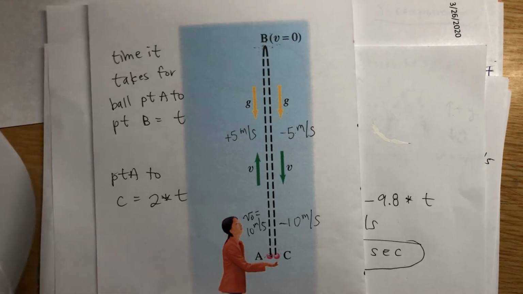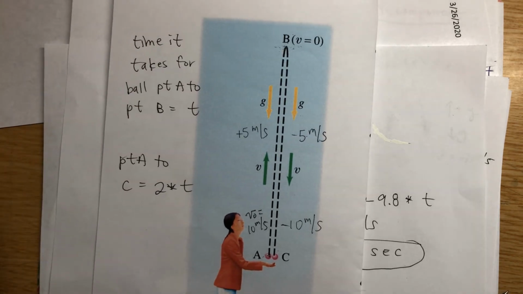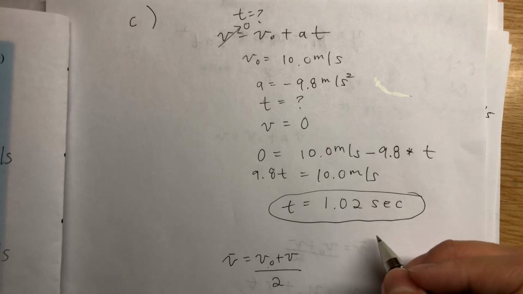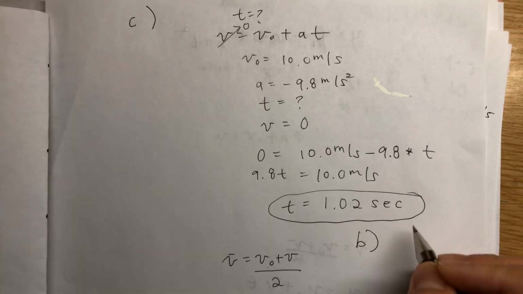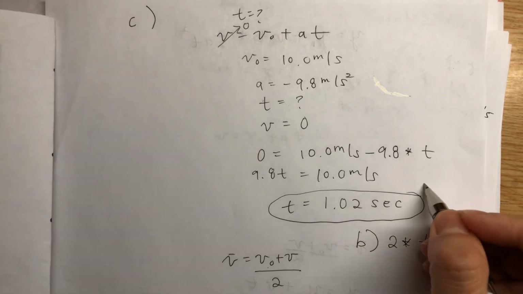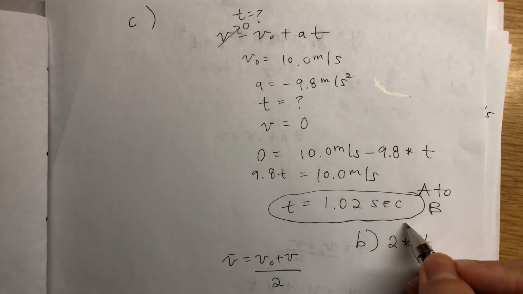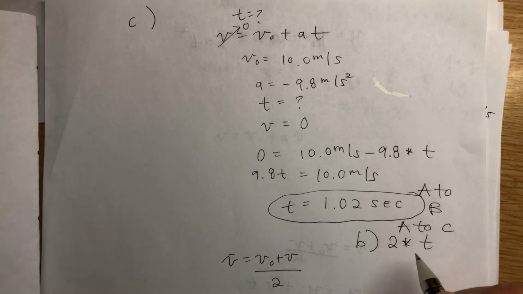So then we can just easily do part B. How long is the ball in the air before it comes back? It's just going to be 2 times t. So from the whole path, it's just going to be 2 times t.